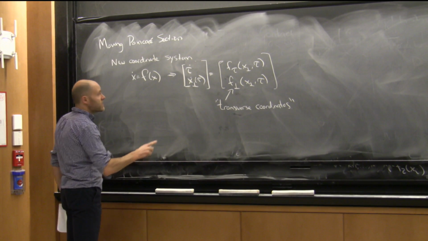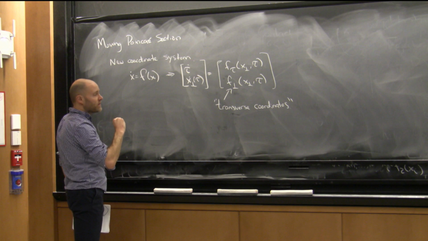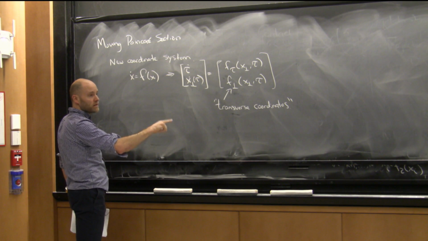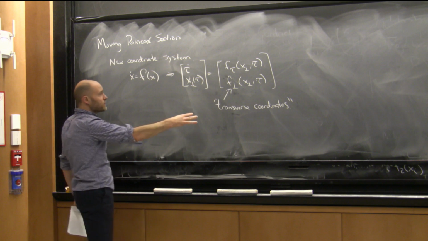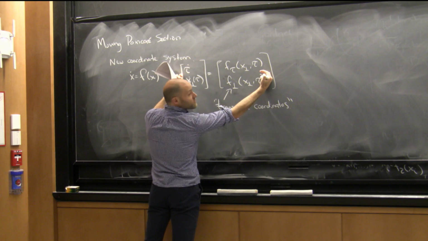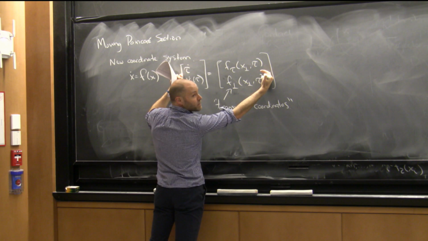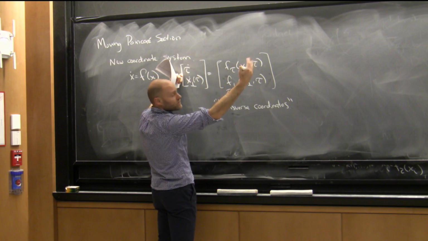The cool thing is that if you can write this transverse system, these transverse coordinates, then there are powerful theorems, the same type of powerful theorems that work for Poincare analysis, which say that if you can talk about the stability of just the transverse subsystem, it implies something about the limit cycle stability of the original system.